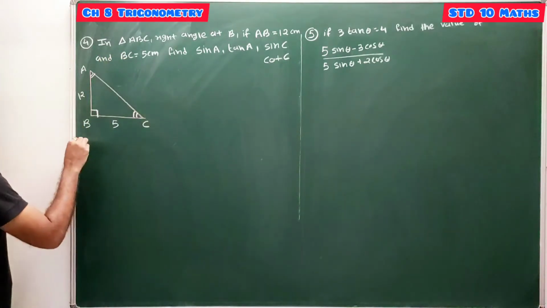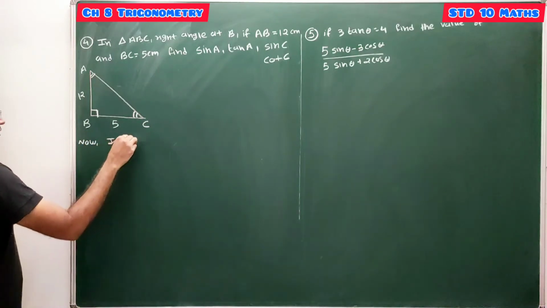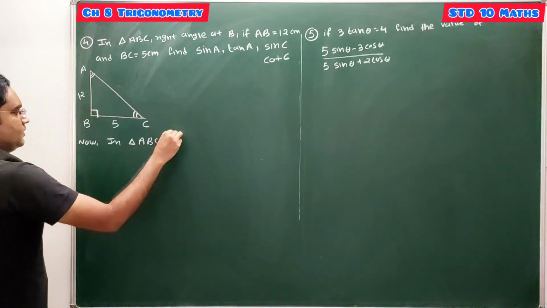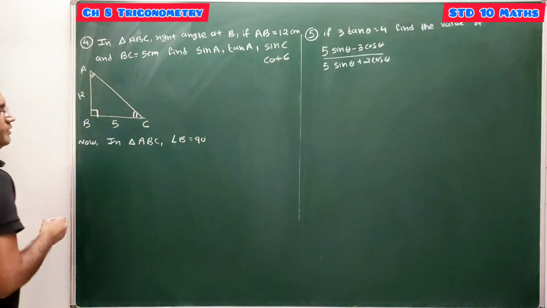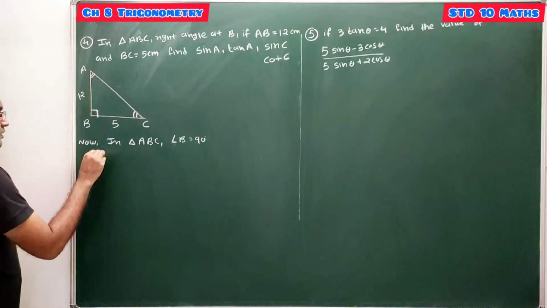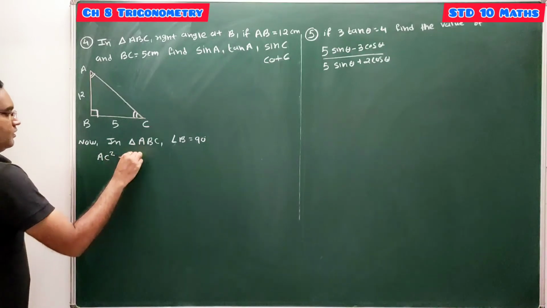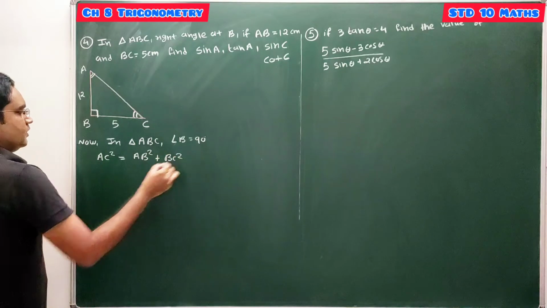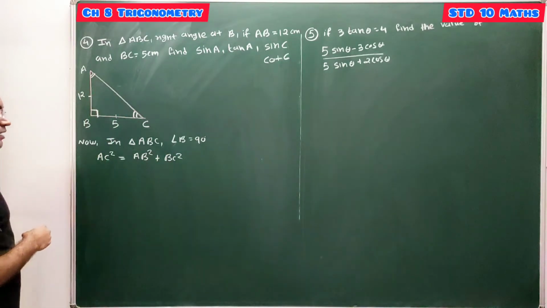So now in triangle ABC, angle B is 90 degree. So applying Pythagoras theorem, we can say that square of hypotenuse AC square is equal to AB square plus BC square, sum of square of the sides making right angle.